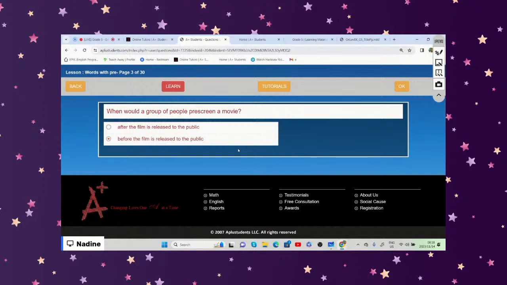And remember, pre-screen is usually with actors or people that make certain movies, right? So they do the whole drama screening and everything, but they also pre-screen it. It's where they are either practicing or they allow people to come and watch them while they are practicing before the official event starts.